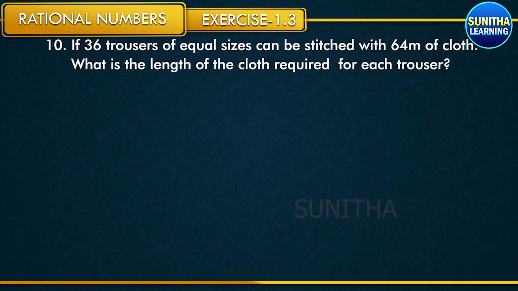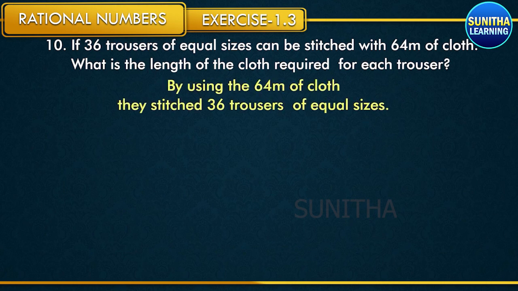Next one. 10th question. If 36 trousers of equal size can be stitched with 64 meters of cloth, what is the length of the cloth required for each trouser? Clear? Here observe, 36 trousers of equal size can be stitched by using 64 meters of cloth.